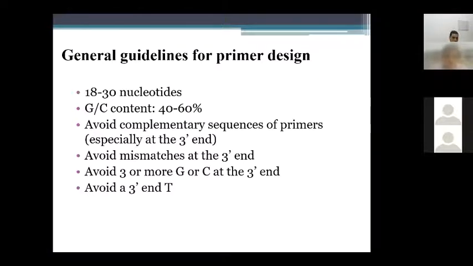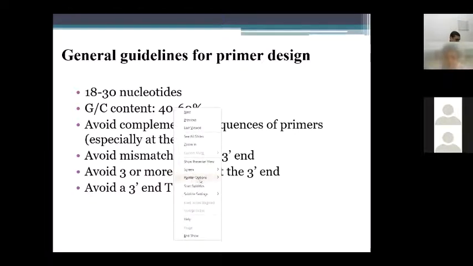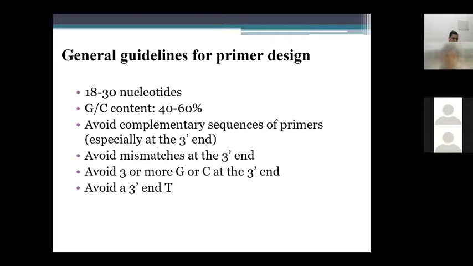As for GC content, you must know that the GC content should be between 40 to 60% of the total, and avoid the complementary sequence of the primer, especially at the 3' end of the sequence. So avoid mismatching at the 3' end, and avoid more than 2 or 3 guanosine or cytosine at the 3' end.